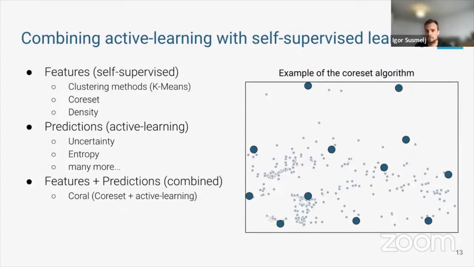And finally, we can also combine these two approaches. So we can use predictions and the features. This is also something we do at Lightly, which turns out to be very good because we prevent some of the common failure cases. If you, for example, only use predictions of the model, you sort of capture the current state of the model and where it has uncertainties.